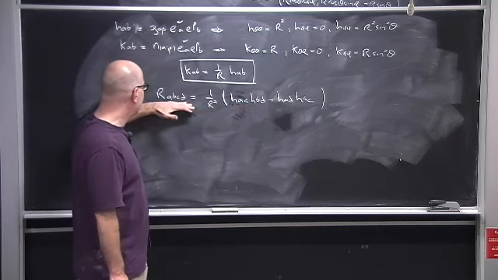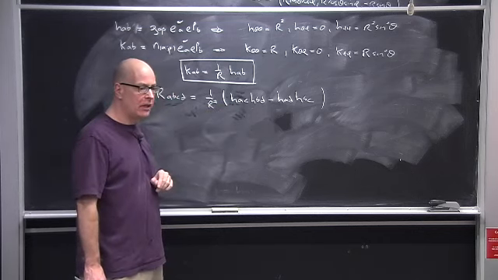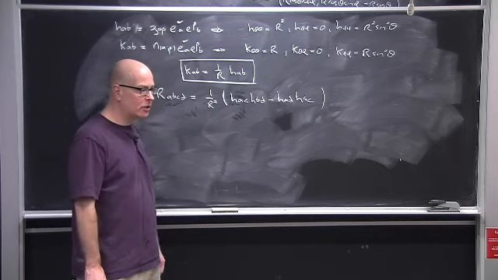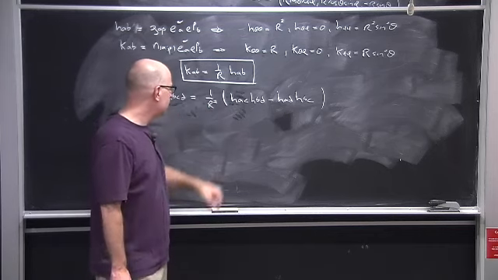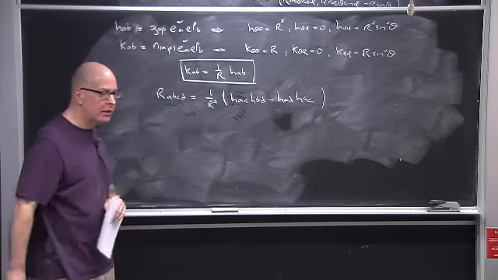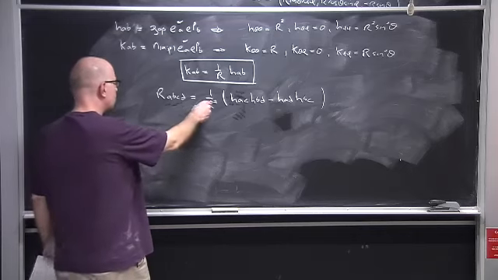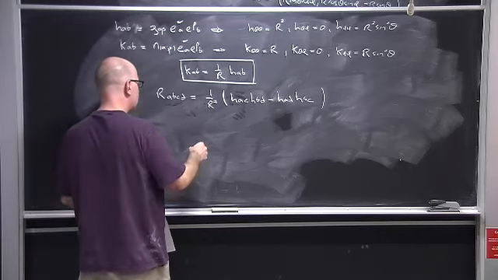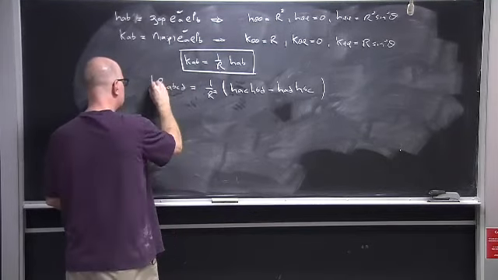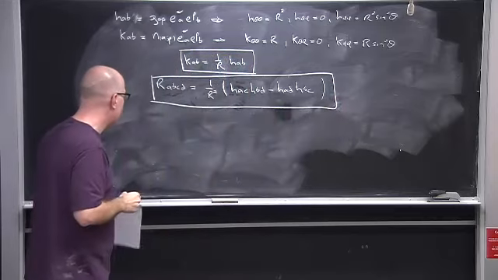Because we're talking about a 4-index object, it has to involve products of the metric. That's the structure that you get when you have a maximally symmetric space. The Riemann tensor always turns out to be proportional to the metric in this way. And the coefficient in front is basically 1 over the radius of curvature, the scalar part of the Riemann tensor.